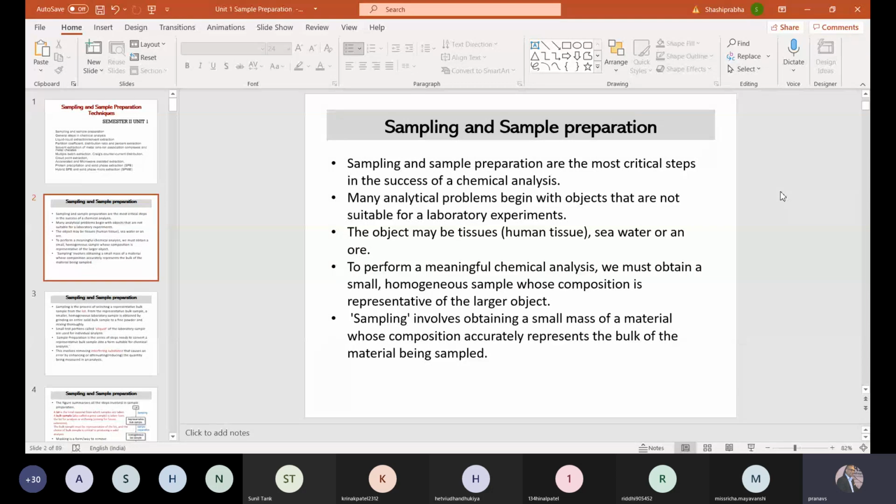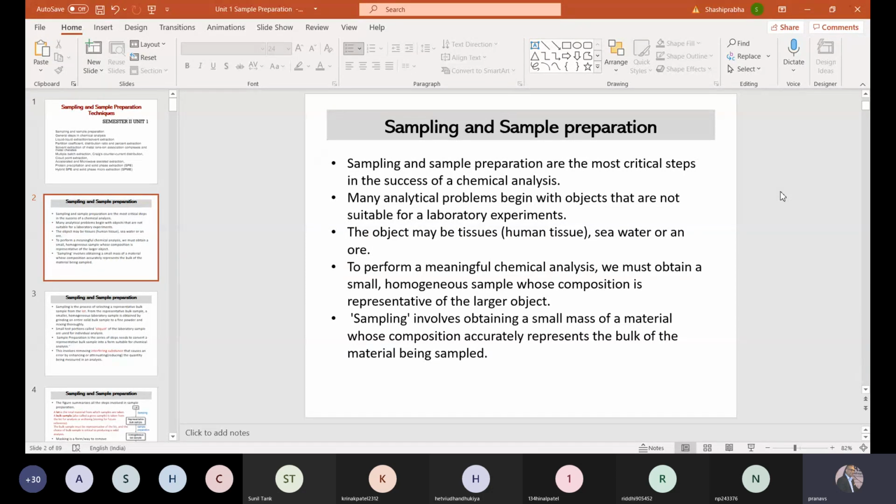Sampling methodology should be such that when we collect a sample from a bulk sample, from a large amount of sample, that small sample which we collect should be a true representative of the entire bulk which we have with us. That is very essential. Otherwise, the whole purpose of sampling gets defeated. So this is one major point which needs to be understood and analyzed.